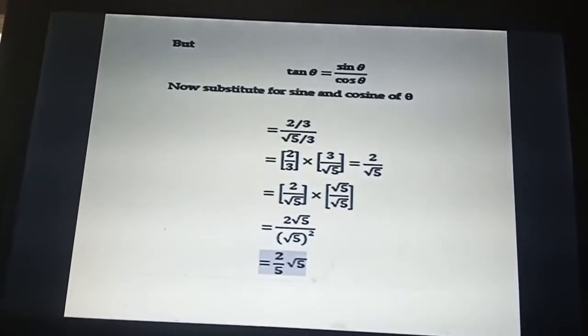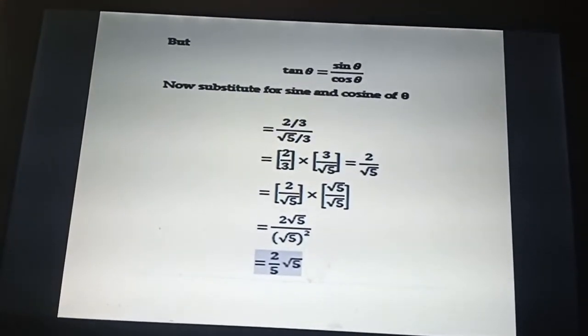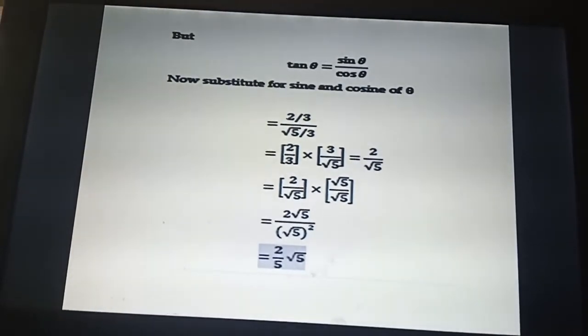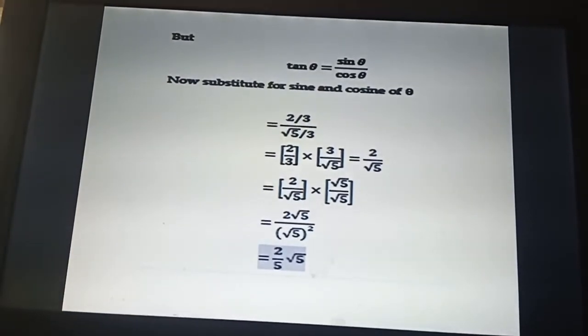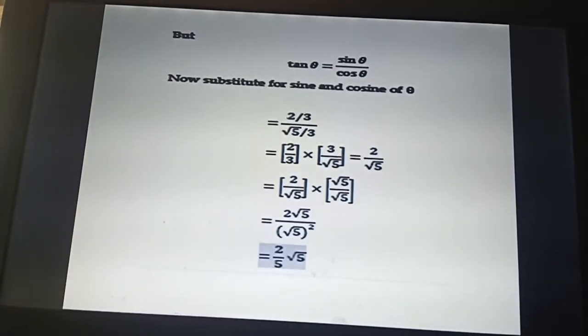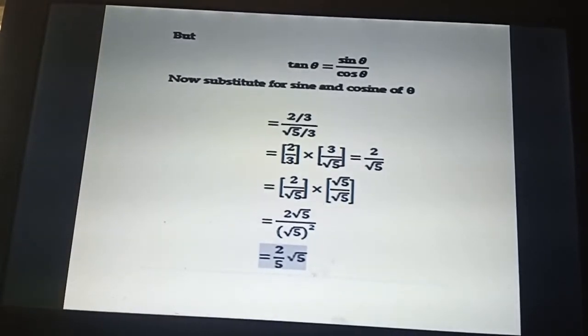You see, 2 over 3 all over root 5 all over 3. You see, by cross multiplication, you have 2 all over what? 2 all over root 3, root 5. As you can see here, by cross multiplication.